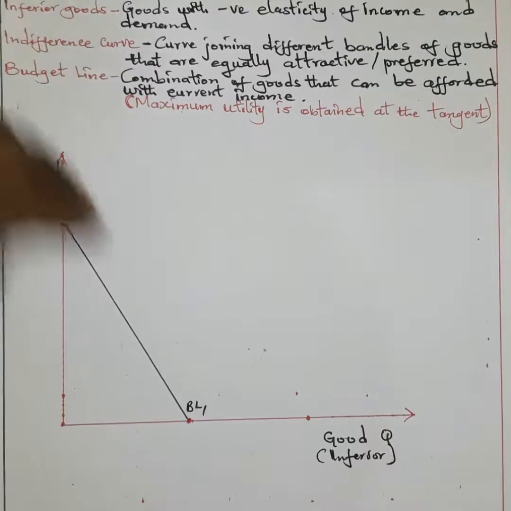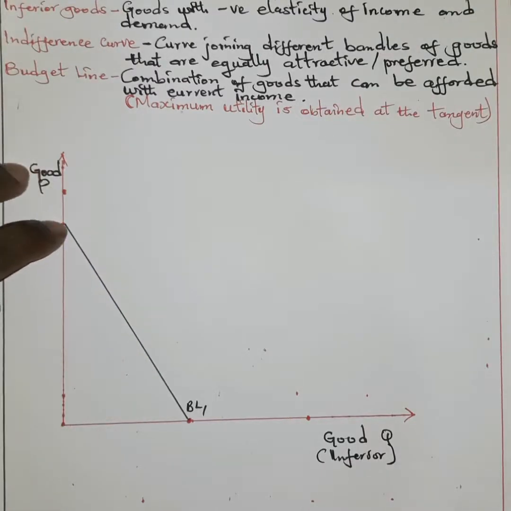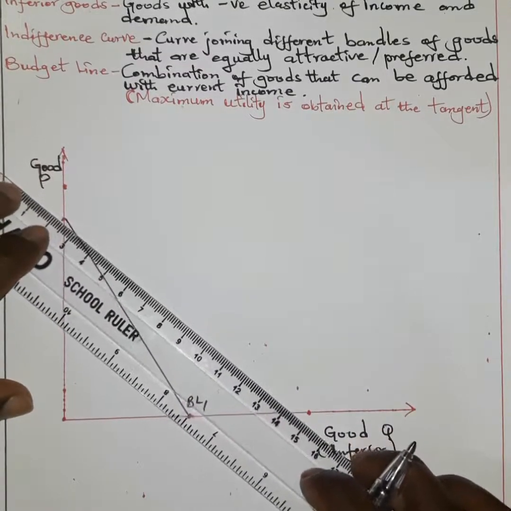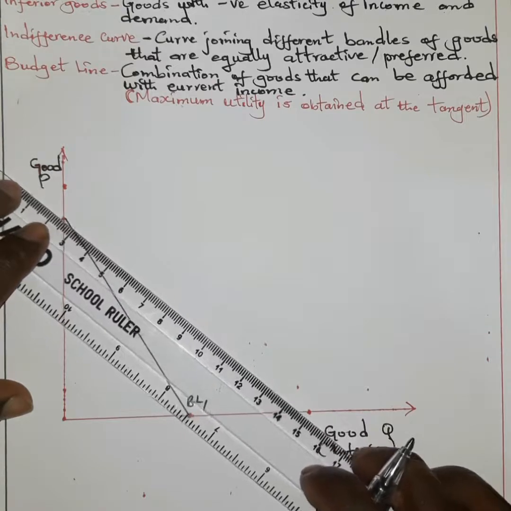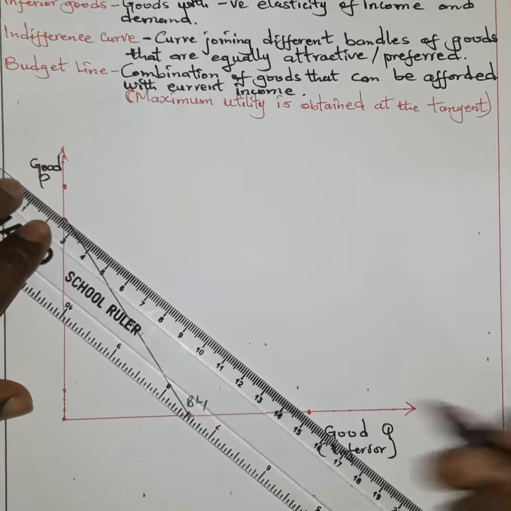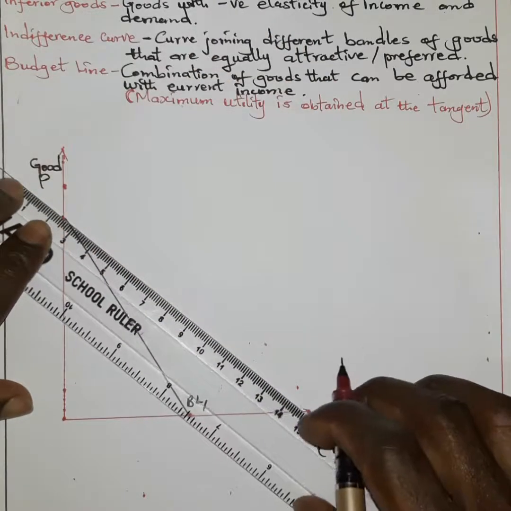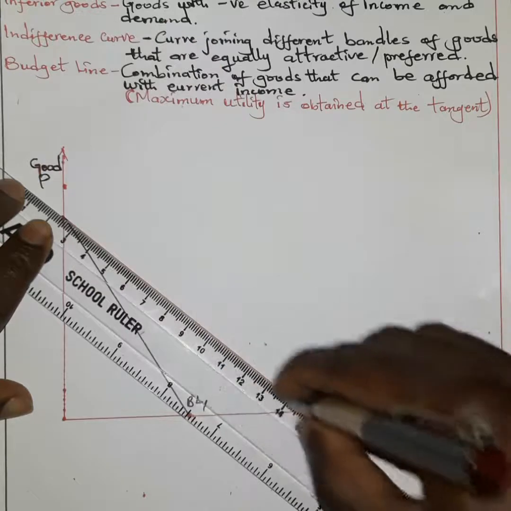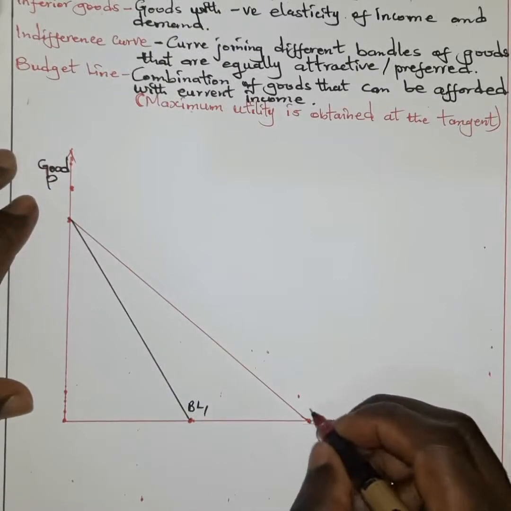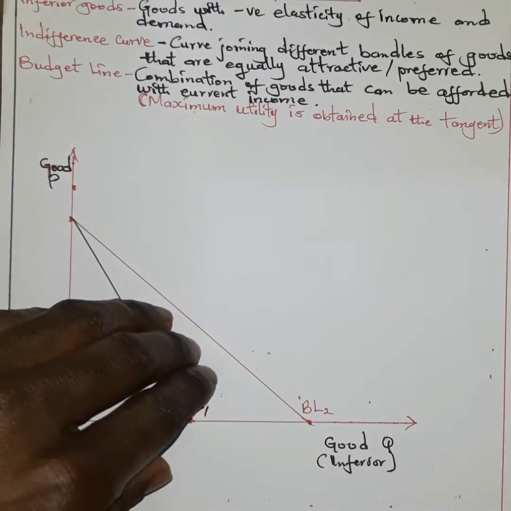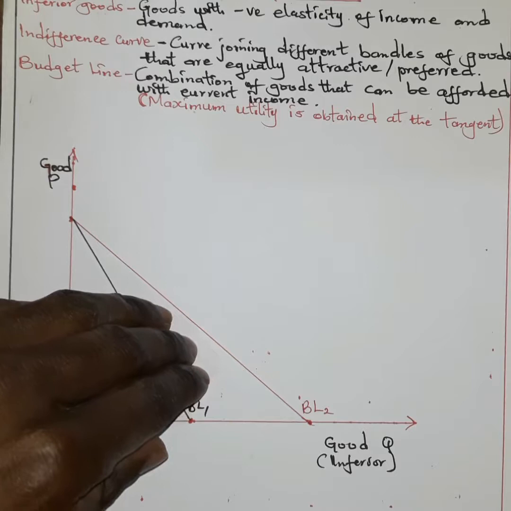If the price drops, you are supposed to use another budget line to represent the drop in price. It means the budget line is going to tilt towards the right. We represent it with this drawing. That one will be the drop in price, which gives us budget line 2, the drop in price for this product Q.